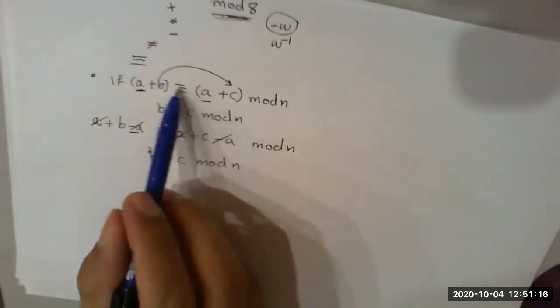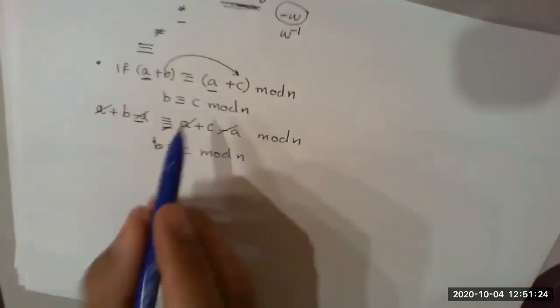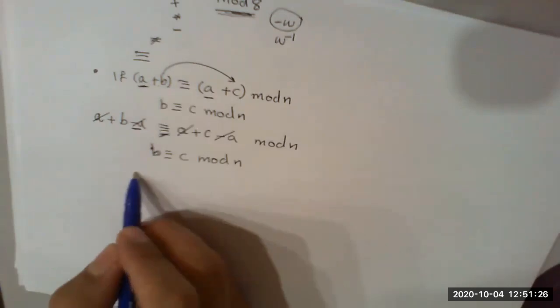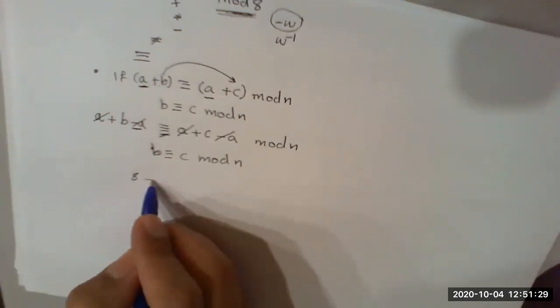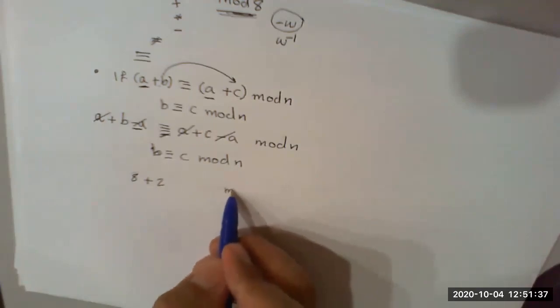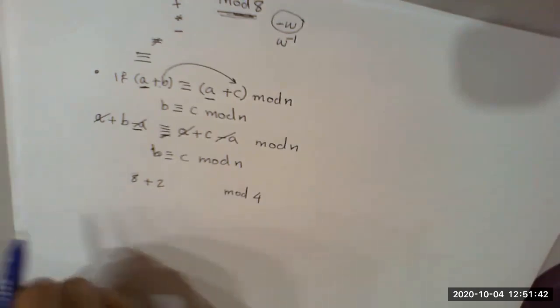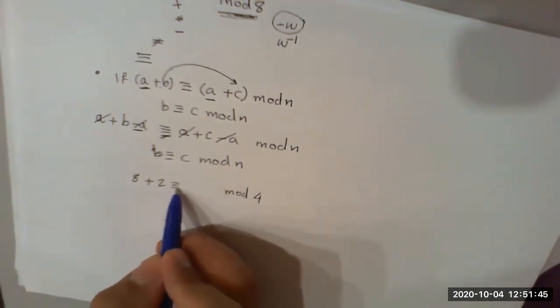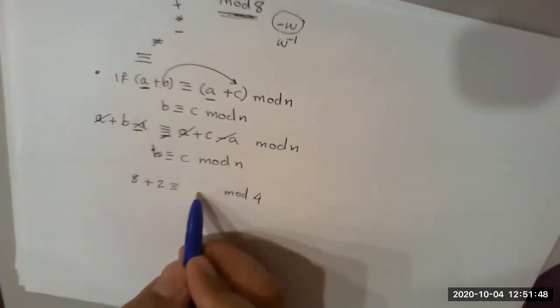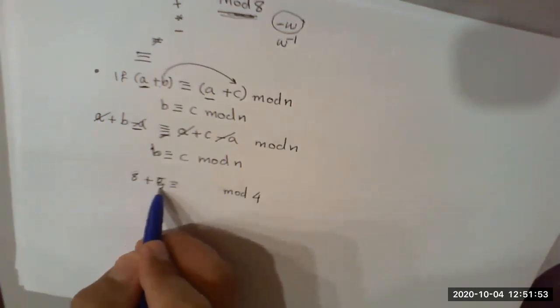Okay, let's have an example. I am trying to invent an example right now. For example, I can take a number like 8 plus 2. Let's concentrate on mod 4, for example. I like mod 4. So mod 4 means that I have to subtract a number that gives me 4. Let's have this as 5.